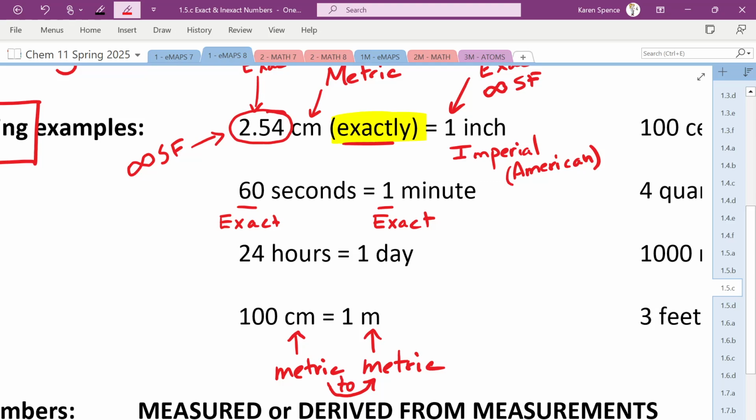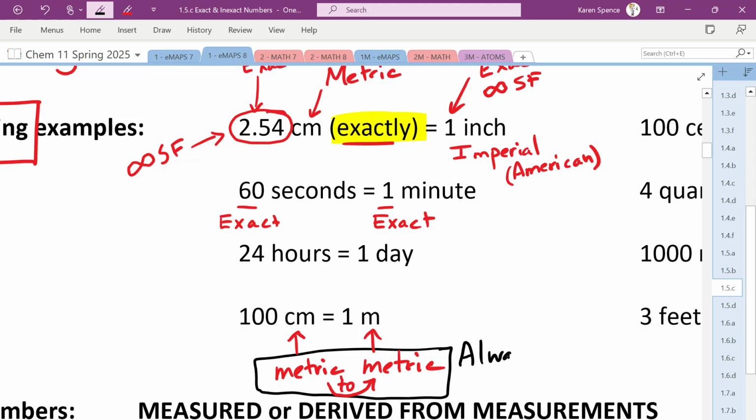We have defined a centimeter as being 1/100th of a meter. So there are exactly 100 centimeters. So anytime you go from metric to metric, that's always exact. So the 100 is exact and the 1 is exact.